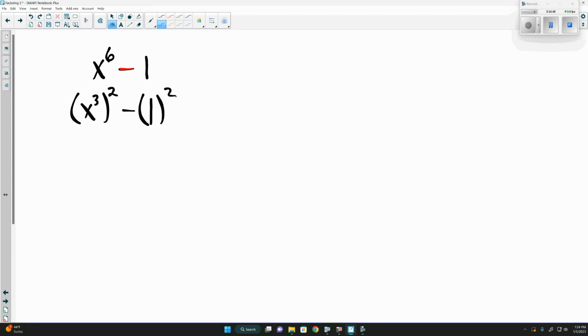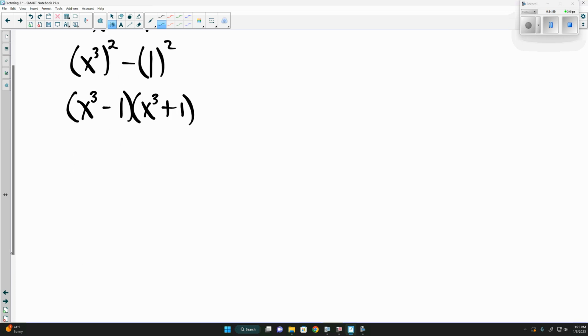Difference of perfect squares. So x cubed minus 1 times x cubed plus 1. And then we can treat it as difference of perfect cubes. So it would be x minus 1 times x squared plus x plus 1.